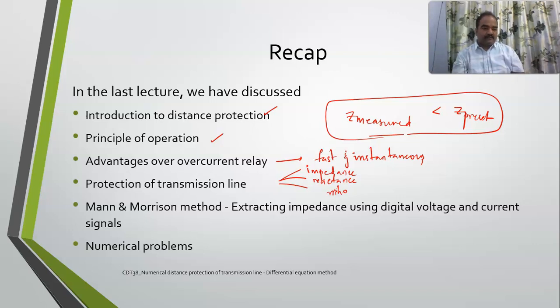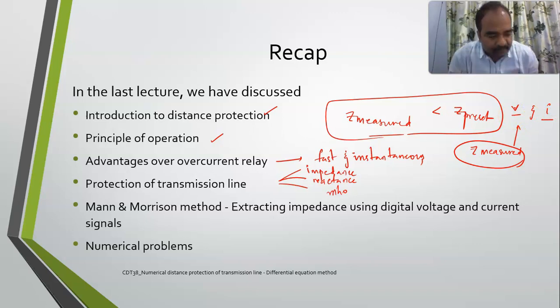And in all of these methods, we are supposed to determine the impedance. And this is obtained from V and also I. So V and I are continuously obtained from the transmission system. They will be sampled and the digital signals are processed in the computer.